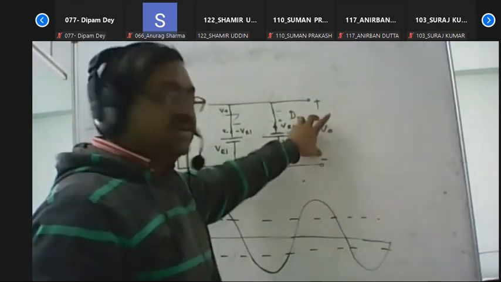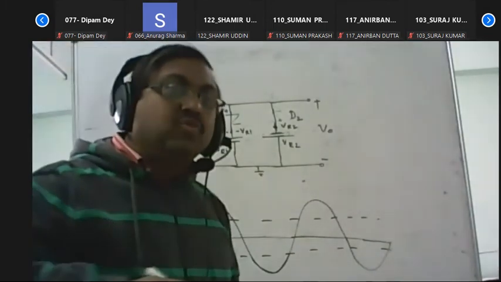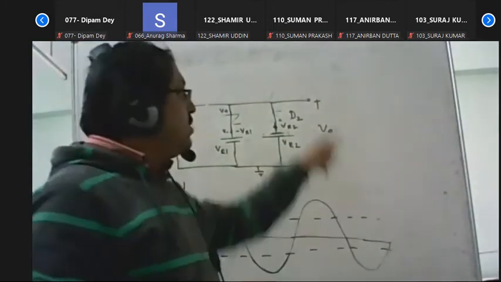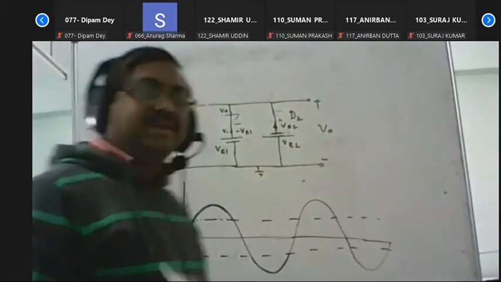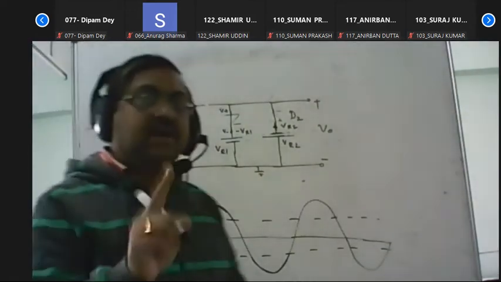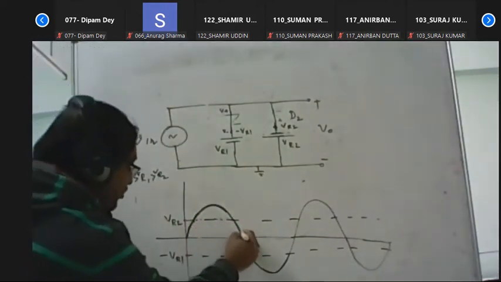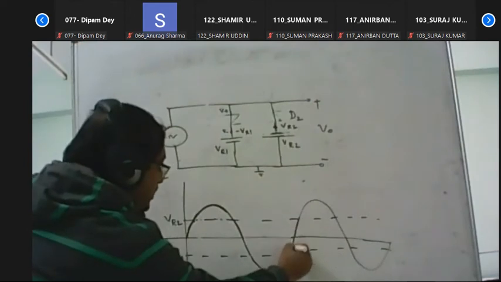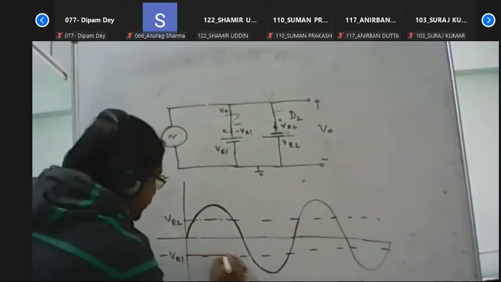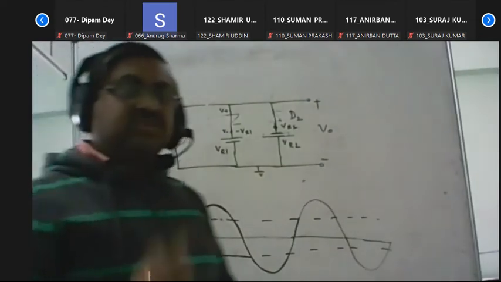So the voltage across the output terminal is also minus VR2. It cannot be moved above this value. So the output voltage is equal to minus VR2 when diodes D1 and D2 are both on. So in this region, both diodes will be on, and we get the output voltage equal to minus VR2.